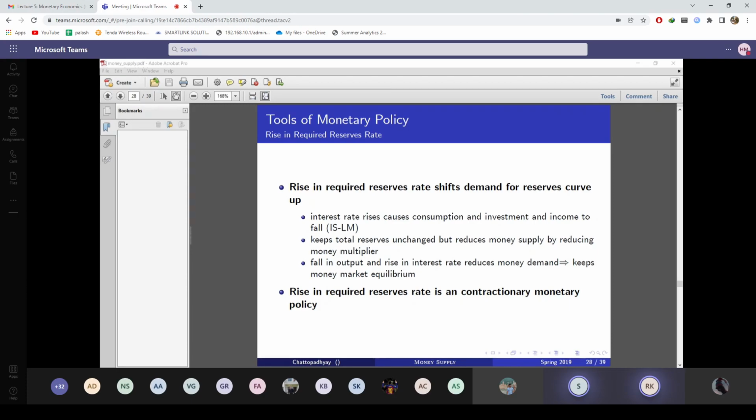So RBI not only increased required reserves to reduce money supply, it also increased the statutory liquidity ratio, so that banks hold more and more government bonds and less loan is given, so that less money gets created. So first was sterilization, second was increasing required reserves, alongside increasing required reserves, increasing SLR, so that more government bond is held in the balance sheet of the commercial bank.